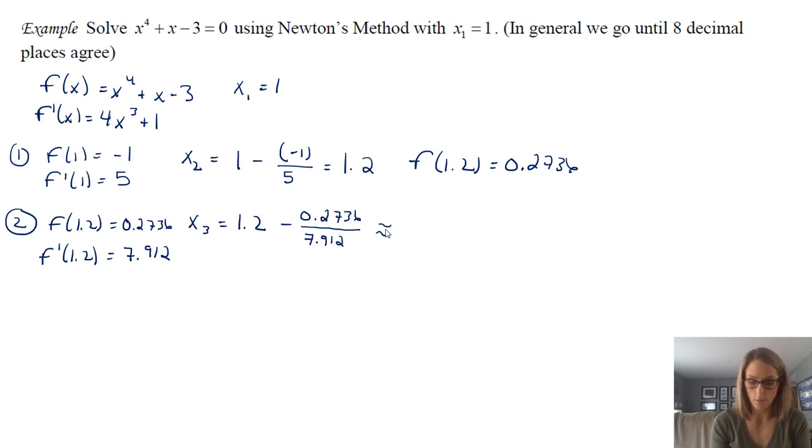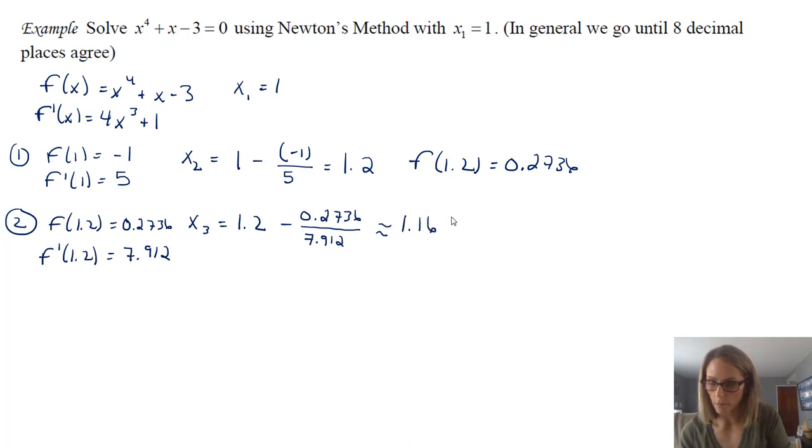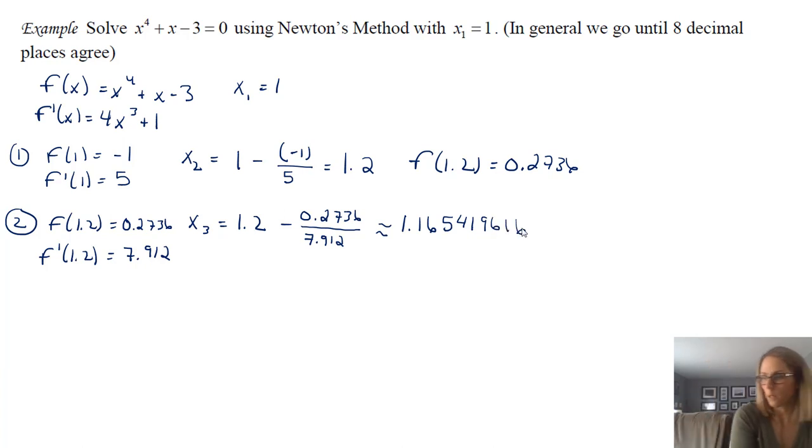So let's put it in. Make sure you get the same thing. 7.912. Okay. And it looks like in this case we get 1.165419616. So definitely a lot of decimal places there.